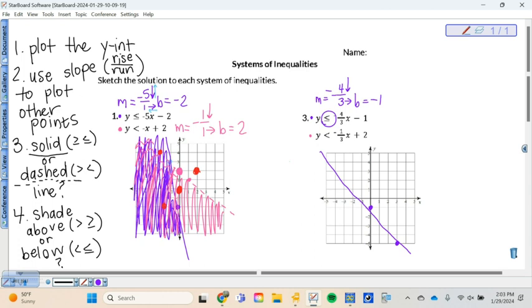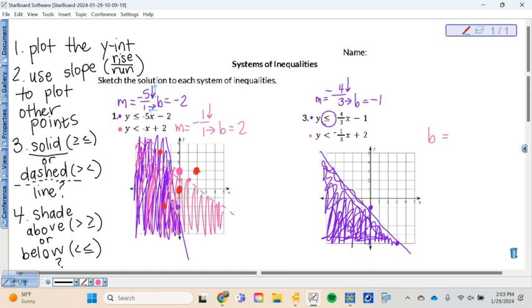Below, less than. Okay, am I done? No. What do I do now? Yeah, do the other one.